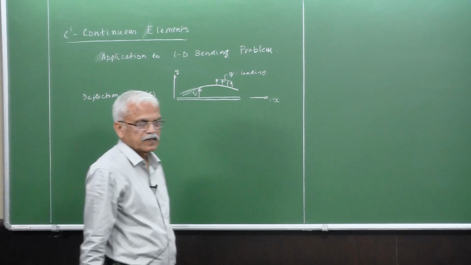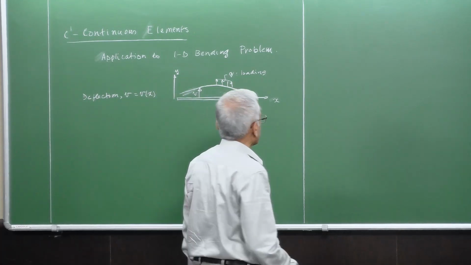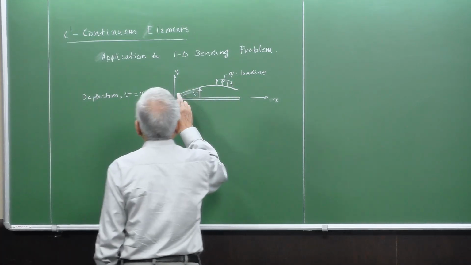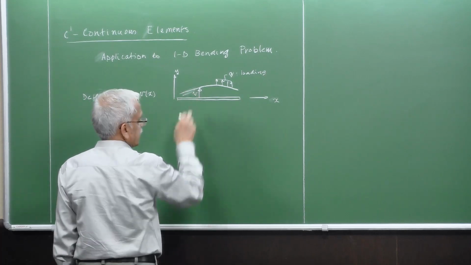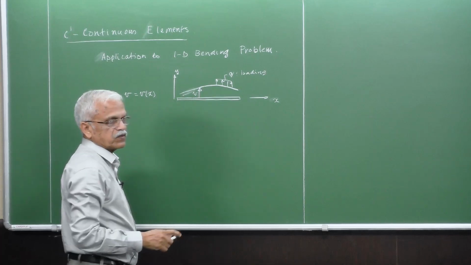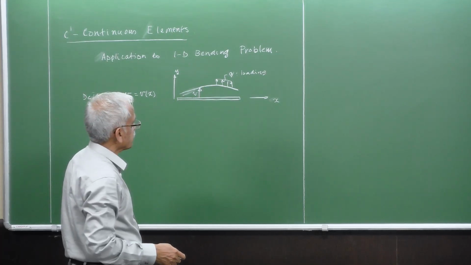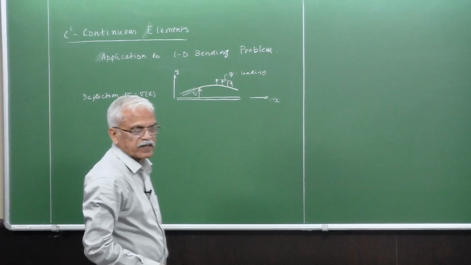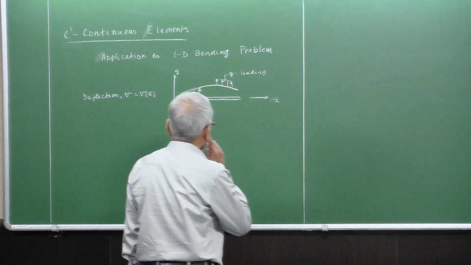Everything taken in the positive direction is taken to be positive. So in the y direction, the v in the upward direction is taken positive, and even the loading q is taken in this direction positive. And there can be many other types of loadings also.